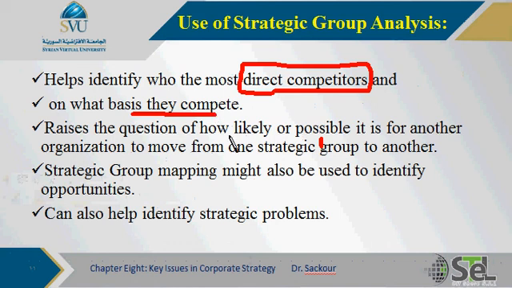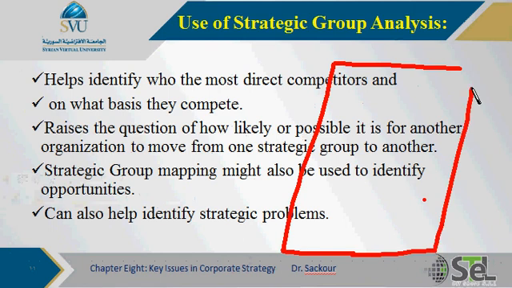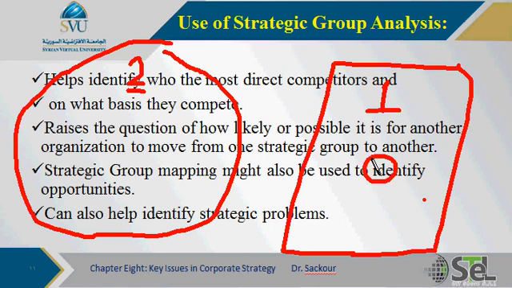It raises the question of how likely or possible it is for another organization to move from one strategic group into another. Let's say we have here the car industry, group number 1 with some specific characteristics, and group number 2 with different characteristics. How can a company in group A move to group B, or number 2?